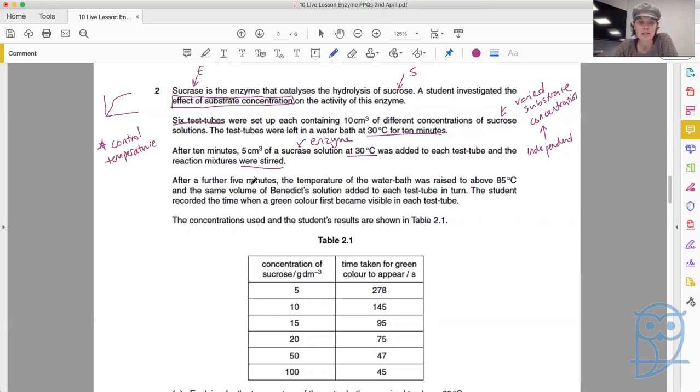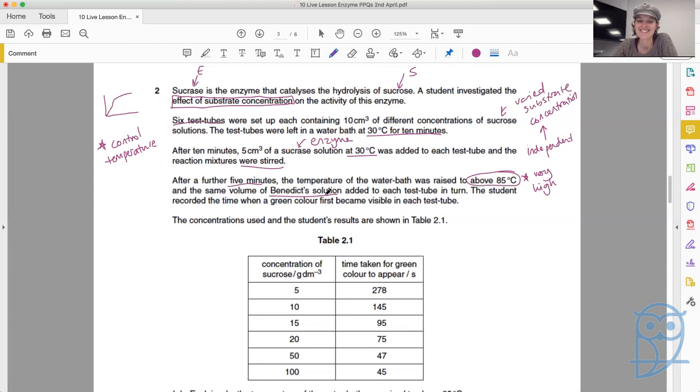After 5 minutes, the temperature of the water bath was raised to above 85 degrees C. This is very high. So we need to think about, in the back of our head, what does a high temperature do to this reaction? And the same volume of Benedict's solution was added to each test tube in turn. Right, there's another clue: Benedict's.